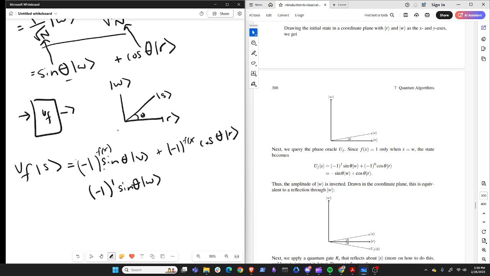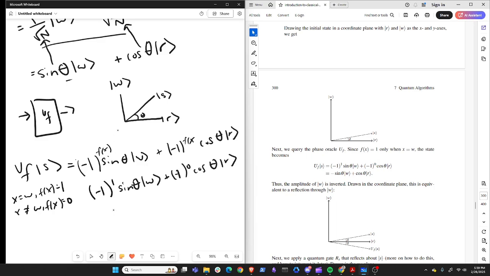It's a very similar thing here. Much like all the other algorithms we were working through, if x equals w, f of x is equal to 1. If x is not equal to w, f of x equals 0. So here we get 1, and here we get 0. So minus 1 to the 1 times sine theta w, and minus 1 to the 0 times cosine of theta r.